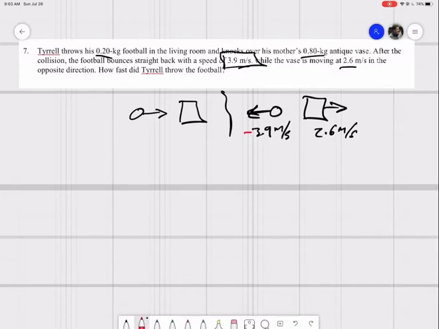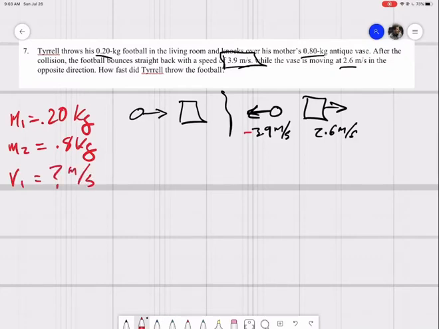So let's start assigning things, shall we? The football will be M1, and that is 0.2 kilograms. The vase is M2, and that is 0.8 kilograms. All right, what else do we have? V1, the velocity of that football, is what we're looking for, so that's our question mark. All right. The vase's velocity is going to be sitting still at first, right?